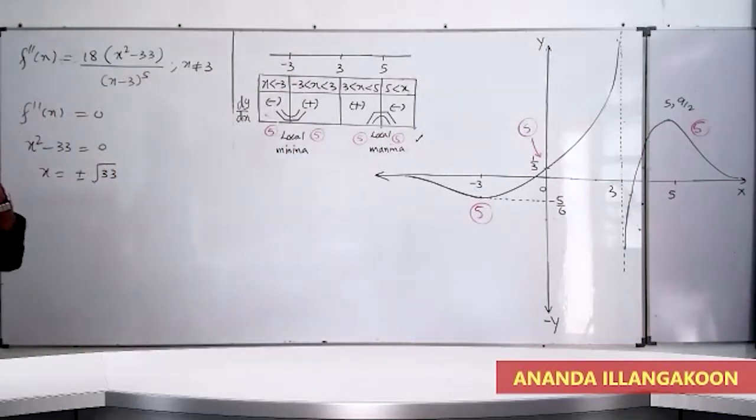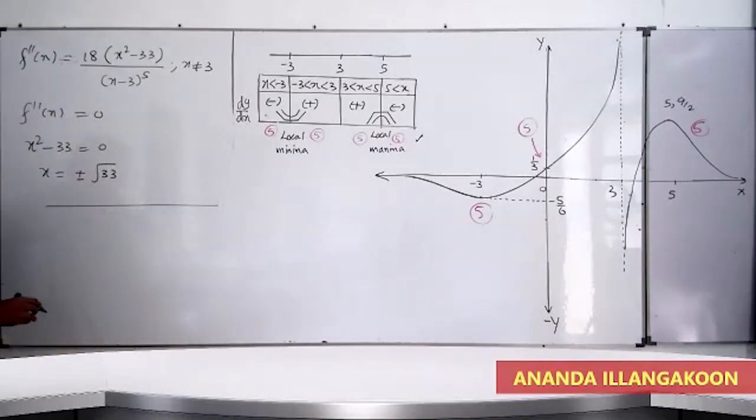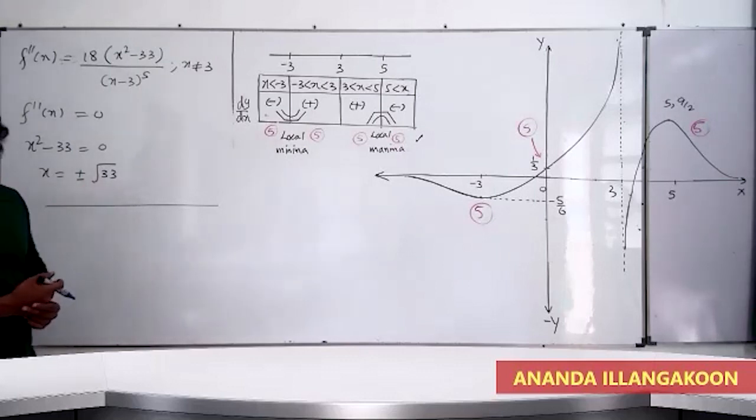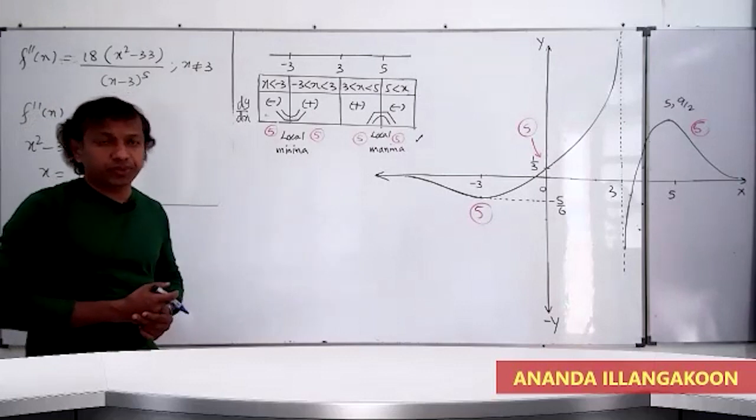Okay. Then what are the intervals to find the second derivative sign? We have to put vertical asymptotes and x values where the second derivative becomes 0, no? Square root 33 means a value between 5 and 6.